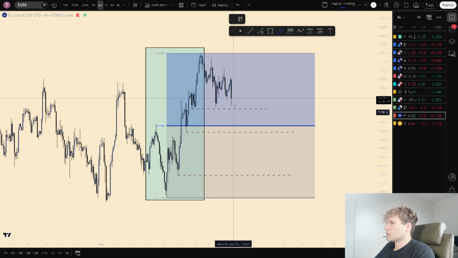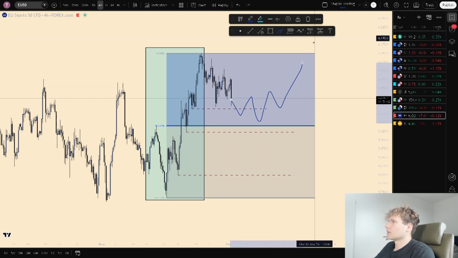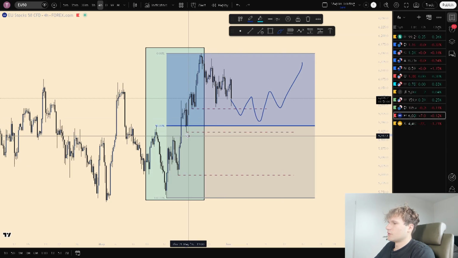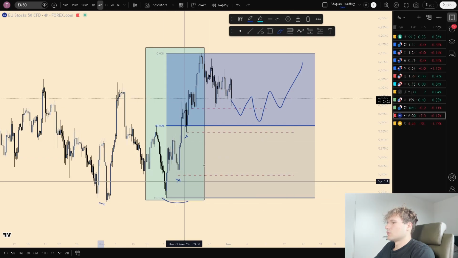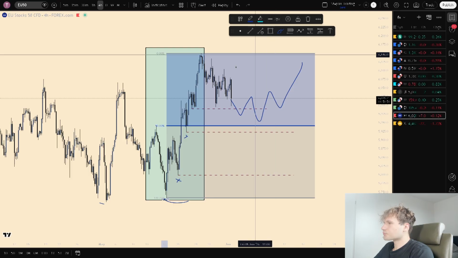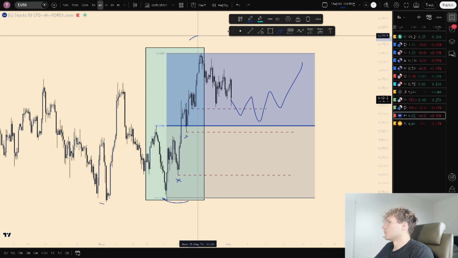So if we liquidate this low, I would only get in on a change of character because we are really high in the leg. And if we liquidate this or this, I would be happy to just do a swing trade, stops under the structural lows, right here and right here is both possible, and then just swing it up higher.